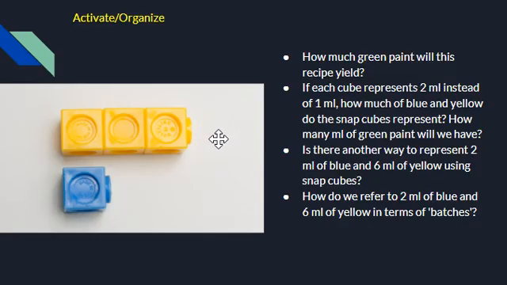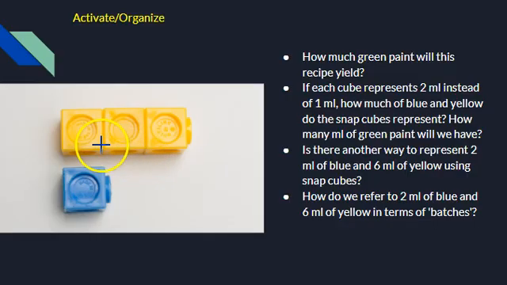Okay. Well, if we said that each one of these was 1 milliliter, how much total would we make? Yeah, we would make 4 milliliters, because if each one of these is worth 1 milliliter and we use 3 yellow and 1 blue milliliter all together, that gives us 4 total milliliters.